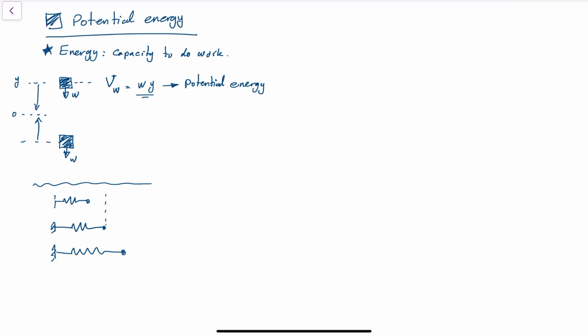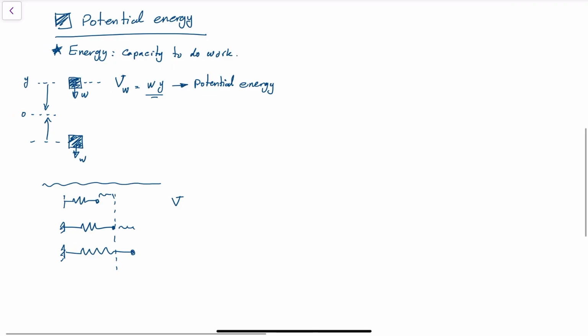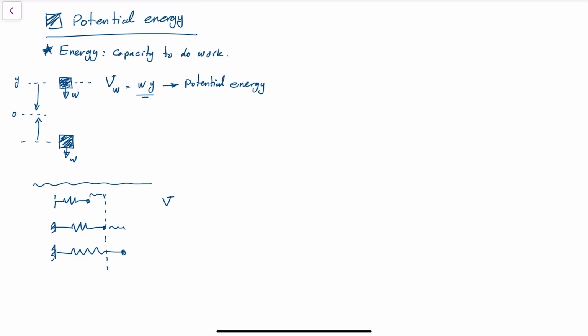So relative to that baseline, it doesn't matter if I compress or stretch the spring. What letter do I use? E, I think. E is good for elastic. Potential energy stored due to elastic is that amount of work.